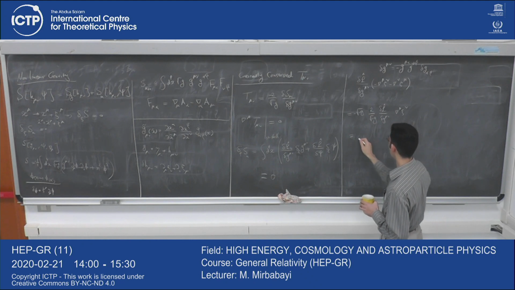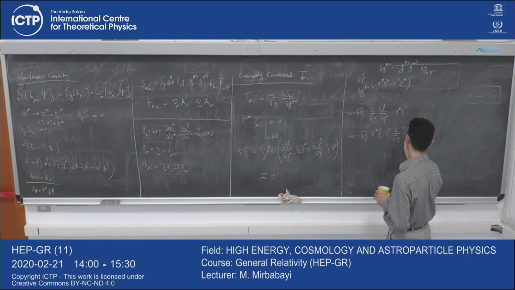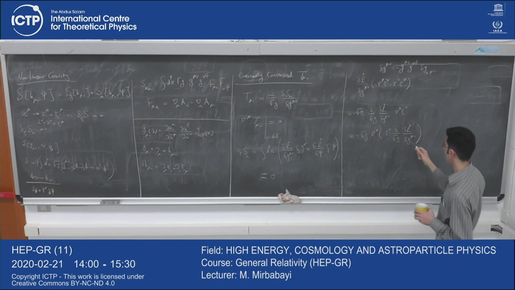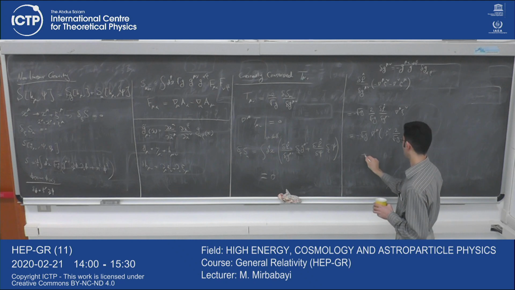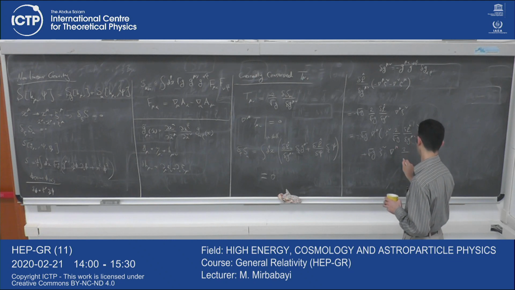Then I can write it as the square root of minus g times del mu of xi nu times 2 over square root of minus g delta L hat over delta g mu nu, plus the square root of minus g xi nu times del mu of 2 over square root of minus g delta L hat over delta g mu nu.